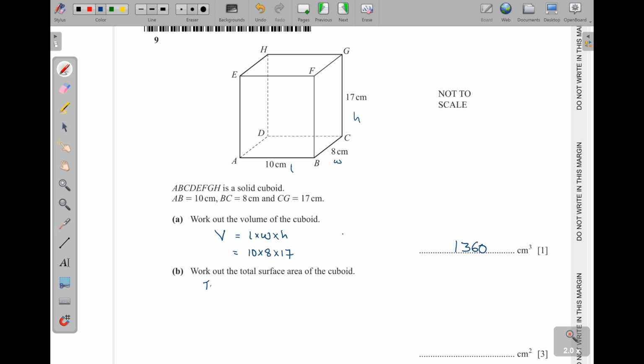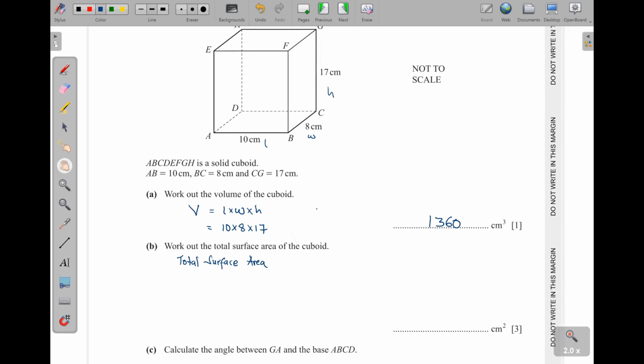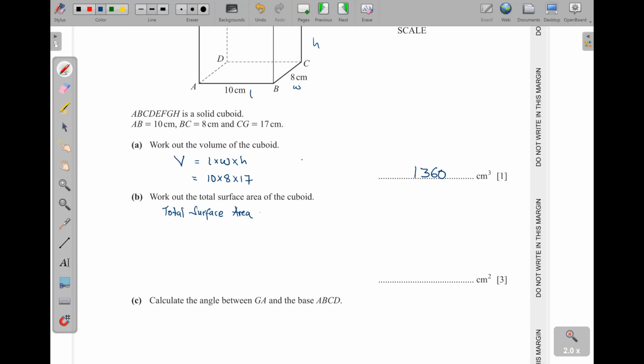So the total surface area is going to be equal to twice length times width, plus length times the height, plus width times the height.